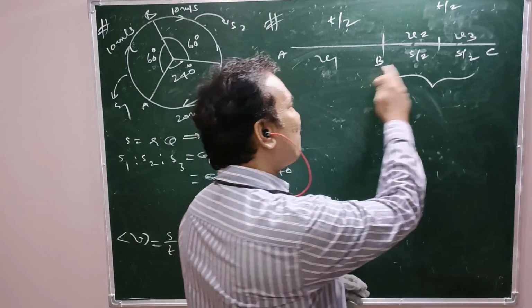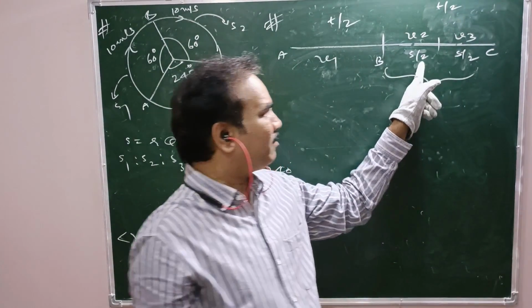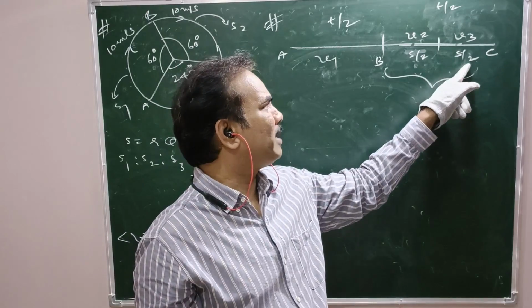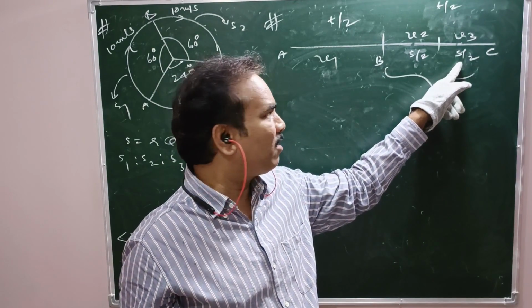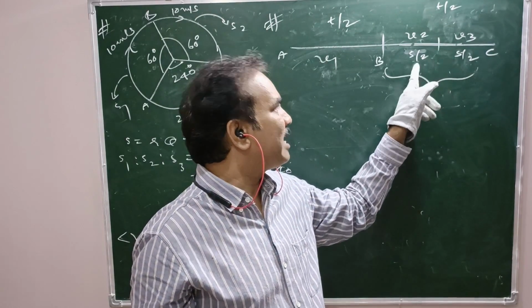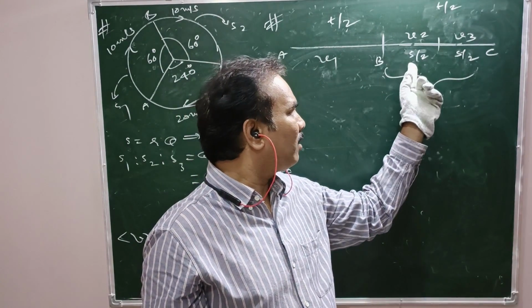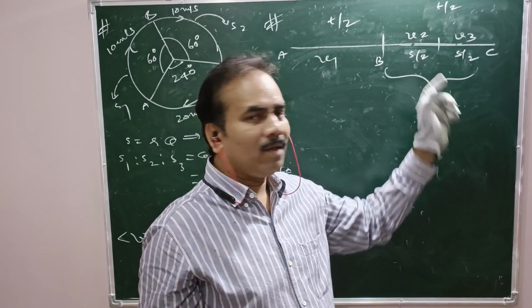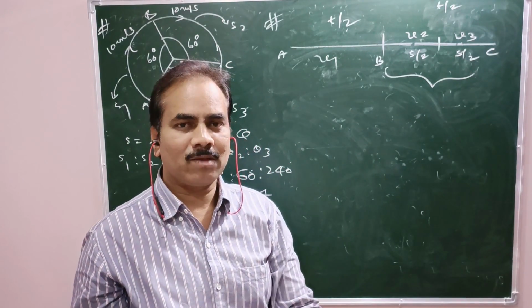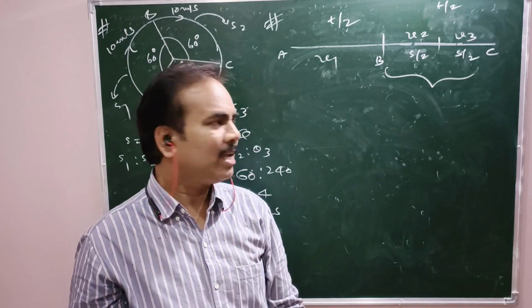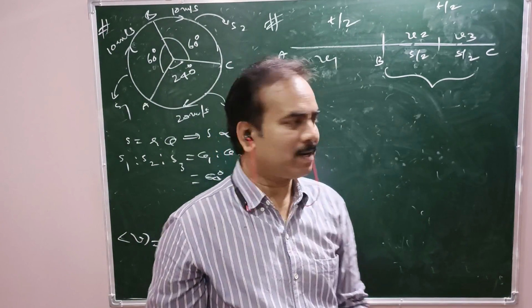Now see, from B to C, this is s by 2, s by 2. The segment B to C is divided into two equal segments, two equal distances. When a particle moves through two equal distances with different speeds, that is equivalent to distance average speed.